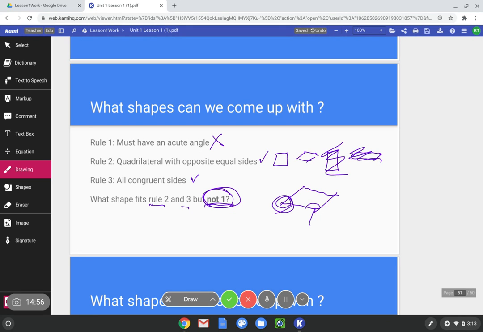Oh, that's an acute angle. It is less than 90 degrees, which makes it an acute angle, leaving us with a square where it has four right angles, no acute angles. So all 90 degrees.